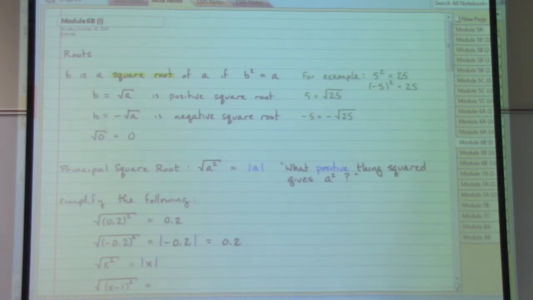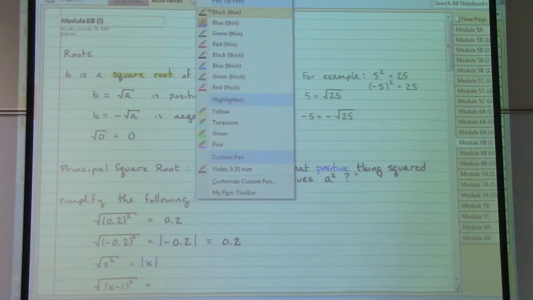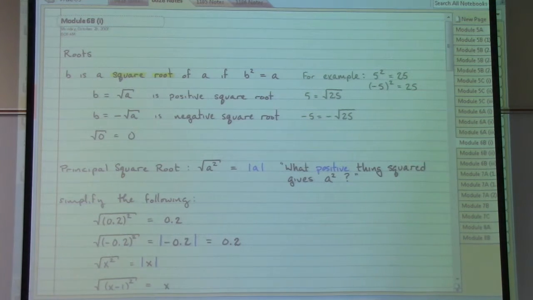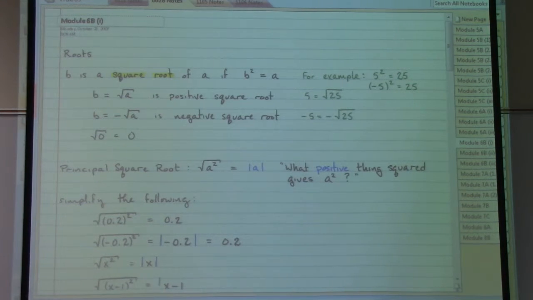But for the time being, what do we square in order to get (x - 1) squared? Officially, we get x - 1. But again, there is no guarantee that that will always be a positive answer, so I must force my answer to be positive by putting it inside absolute value bars.